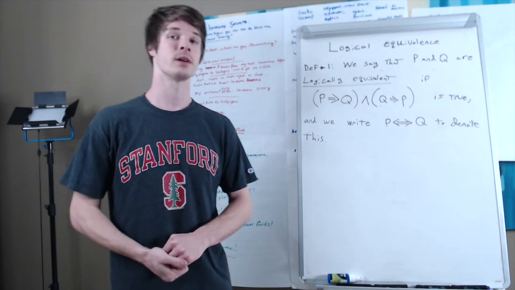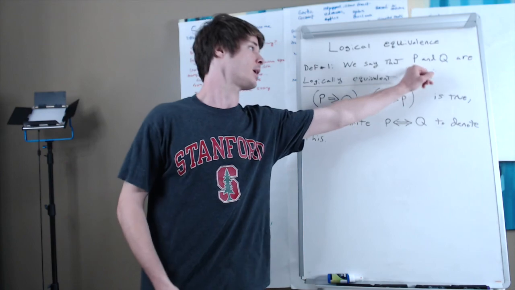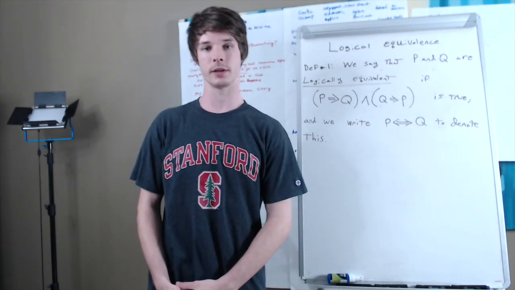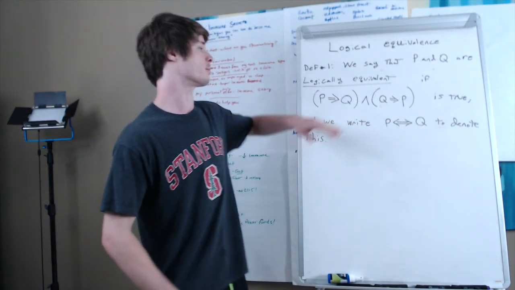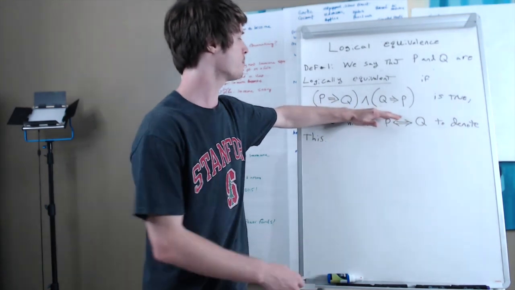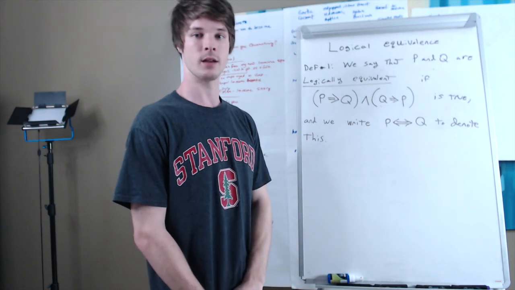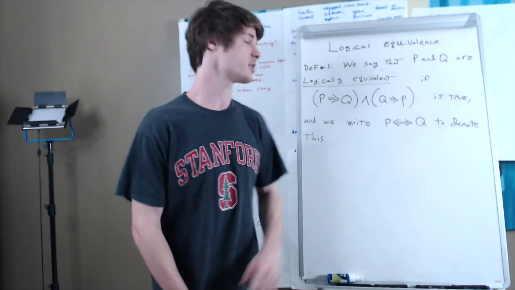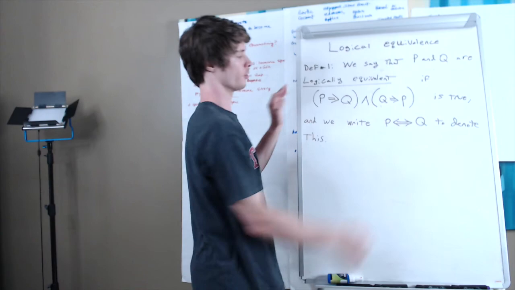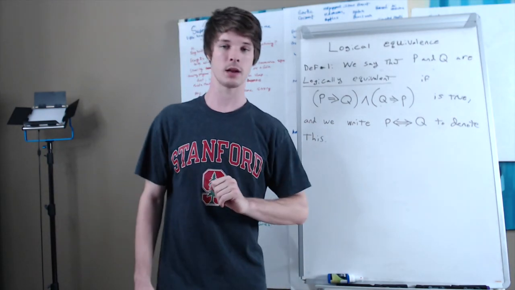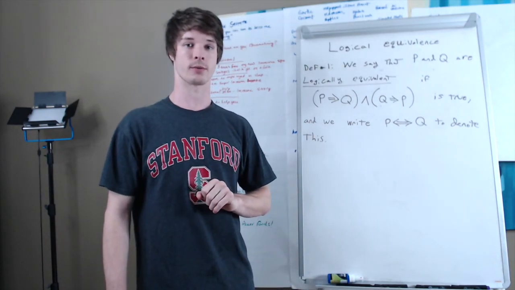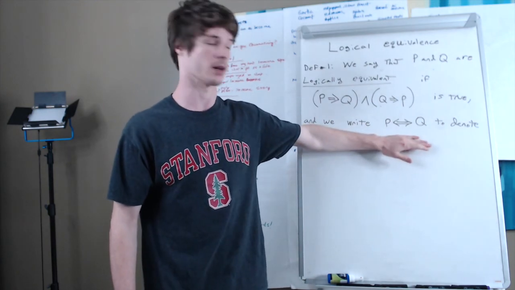Specifically, I'm going to say that two statements P and Q are logically equivalent if the following statement, P implies Q and Q implies P, is true. If this statement right here is true, then I will say that P and Q are logically equivalent, and in order to write that out, I will simply write this.